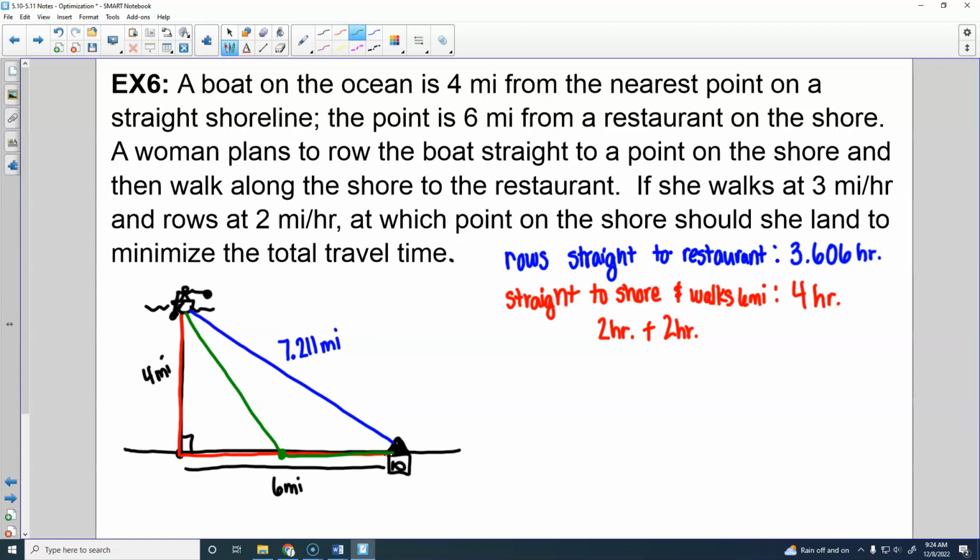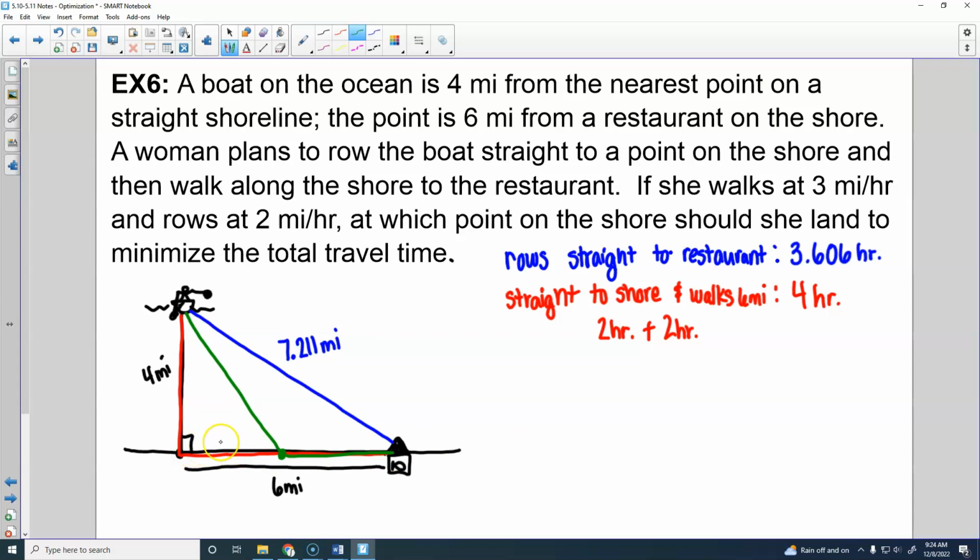So let's consider this situation here. I have picked an arbitrary point right here. I do not know where it is. I'm going to have to name either this little piece right here X, or this little piece right here X. Let's go with this piece.